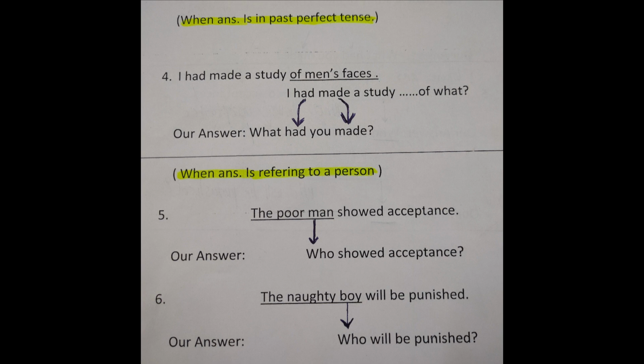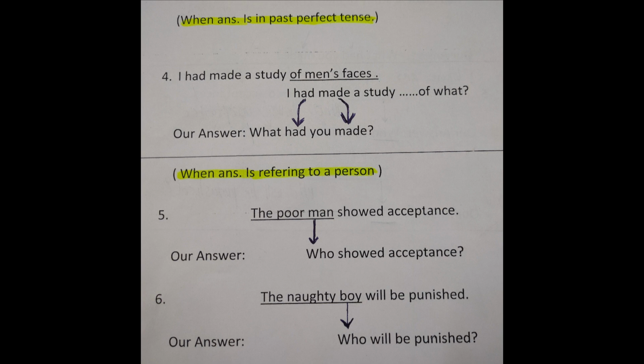I had made a study of what comes naturally to our mind. Because for outcome or product of activity, we are supposed to use the word what. So our intermediate statement remains I had made a study of what?